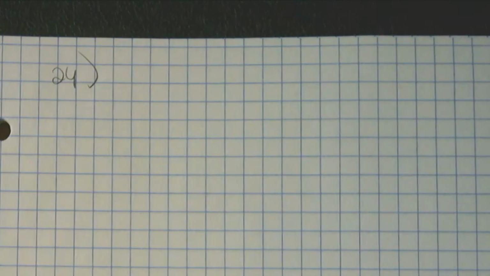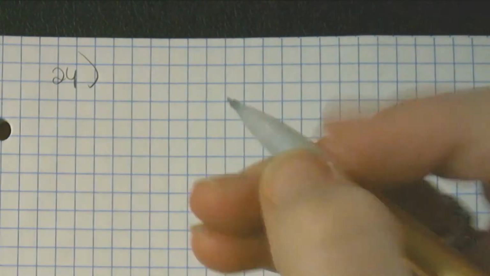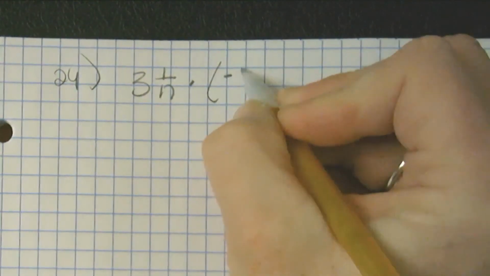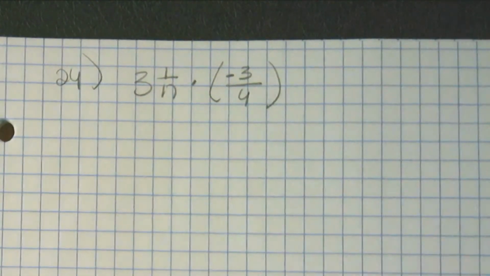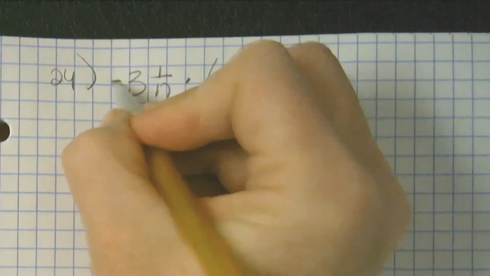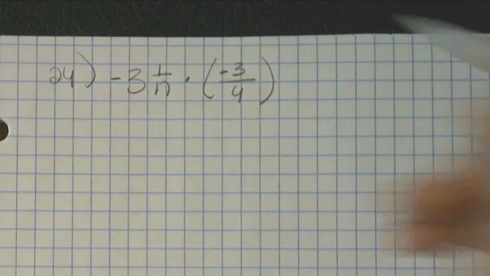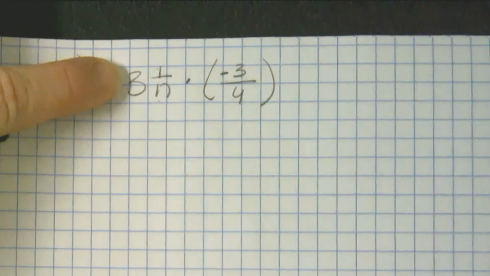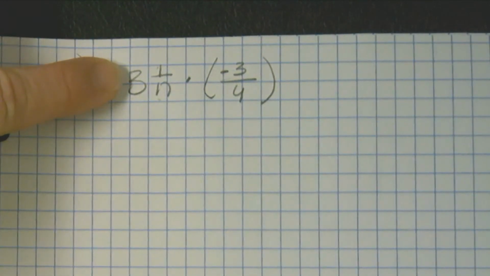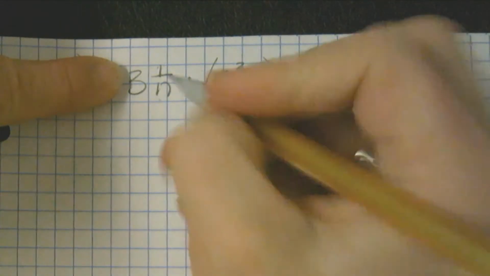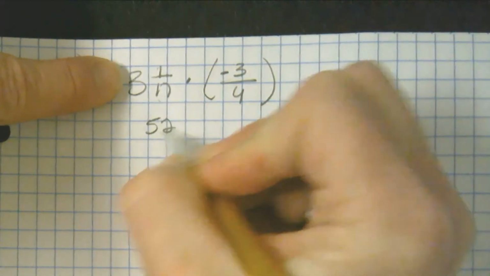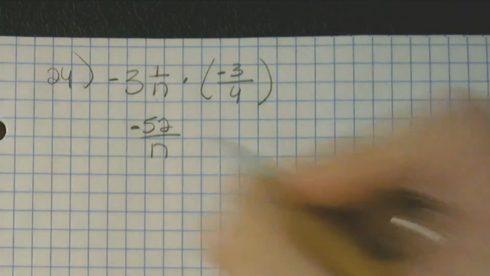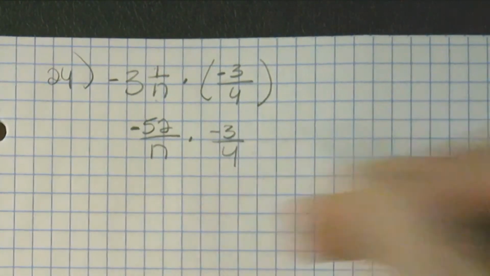Awesome. Okay. On 24, I have 3 and 1/17 times, put the negative on the numerator, negative 3/4. And this is a negative 3 and 1/17. All right, Danny, I have to change this into an improper fraction, so I'm going to leave the negative off of it. 3 times 17 gives me 51 plus 1 is 52. So this is 52/17, and now I'm going to put the negative back on, times negative 3/4.